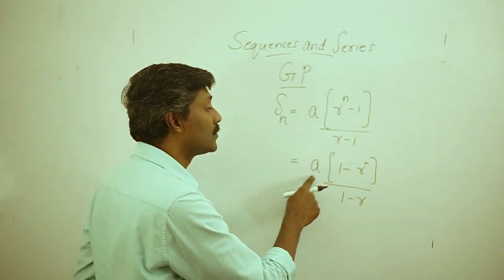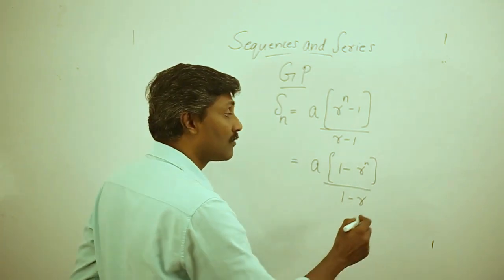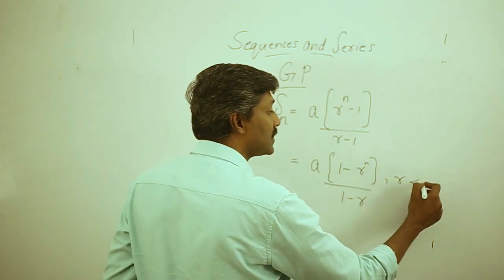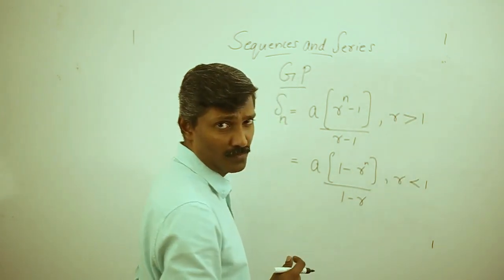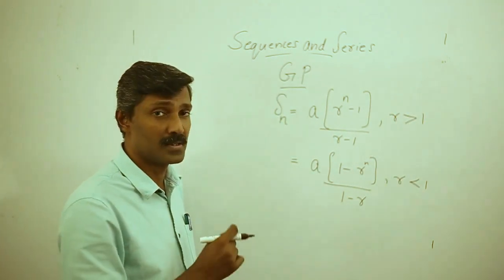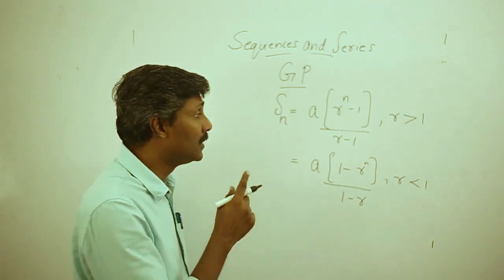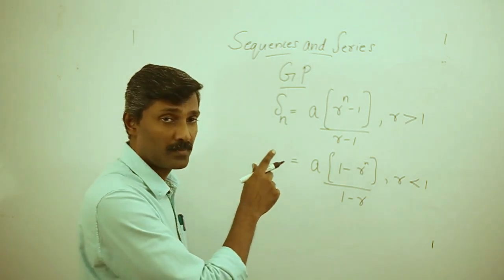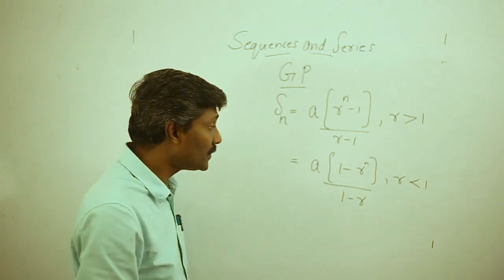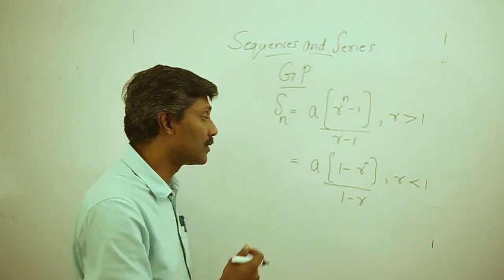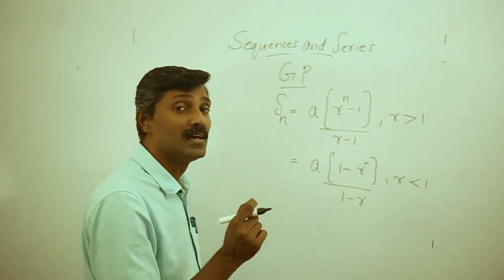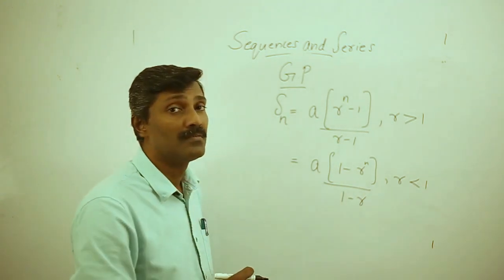So this is a into 1 minus r raised to n by 1 minus r if r is less than 1, and the earlier one is when r is greater than 1. So this is the formula for finding the sum of n terms of a GP: a into r raised to n minus 1 by r minus 1 if r is greater than 1, and a into 1 minus r raised to n divided by 1 minus r if r is less than 1, if r is a fraction.